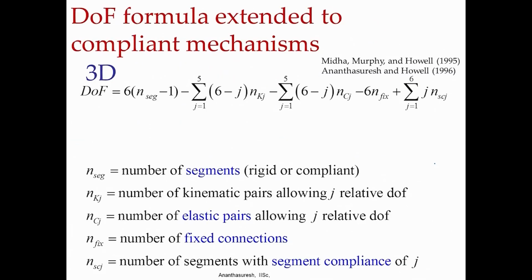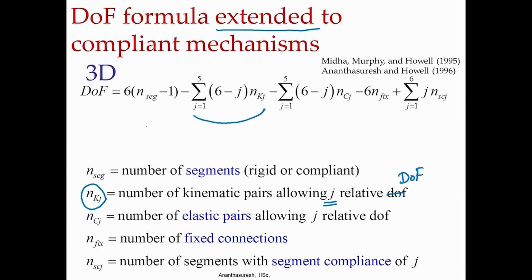Now, let us look at that extended to compliant mechanisms. So, we understand this part. Now, instead of calling F1, F2, F3, we are using NKJ, that is the number of kinematic pairs or kinematic joints that allow J relative degrees of freedom, DOF.